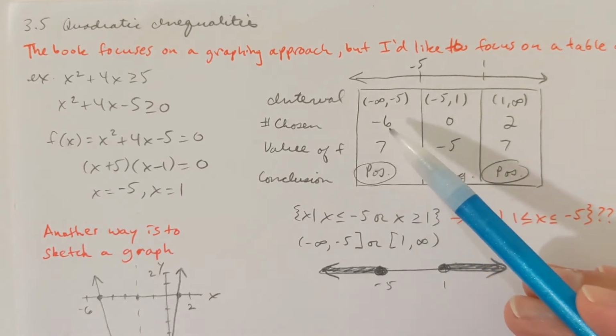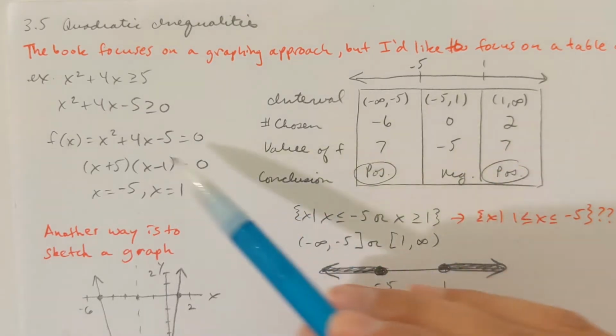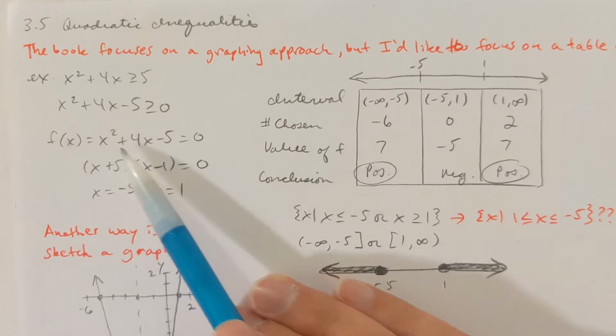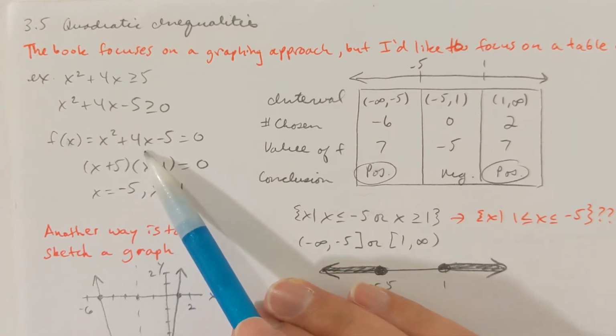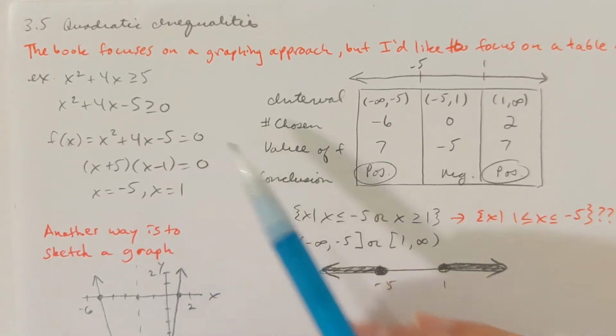As a test value, the number chosen is, say, negative 6. Okay, negative 6 squared is 36, minus 24 is 12, and then minus 5 is 7.